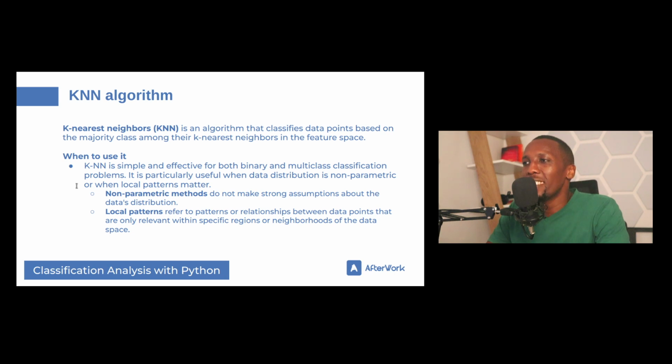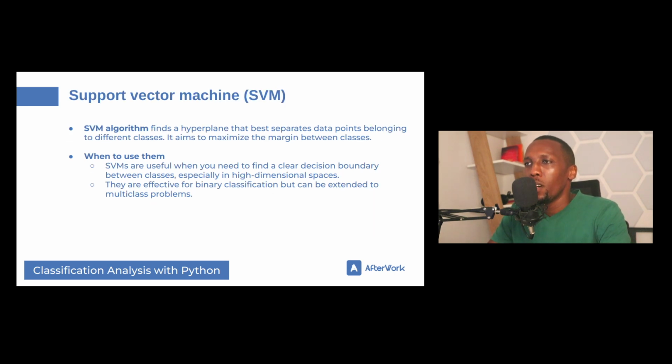It's also useful when the data distribution is non-parametric, or when local patterns matter. Local patterns are the relationships between data points that are only relevant within specific regions or neighborhoods. It also does not take into account assumptions about the data distribution, like these other algorithms did.